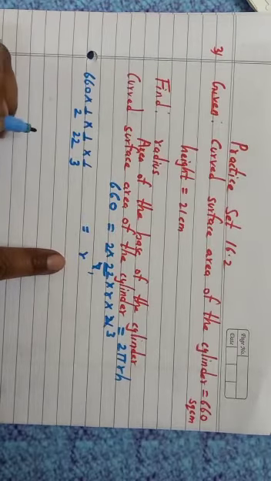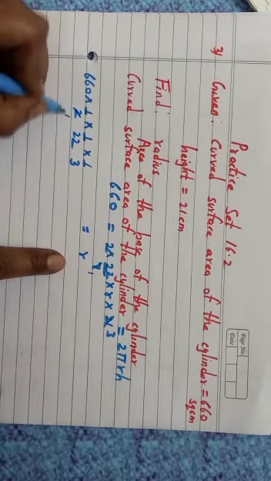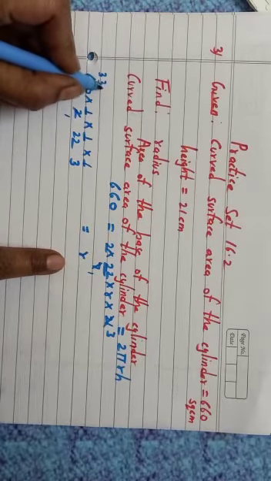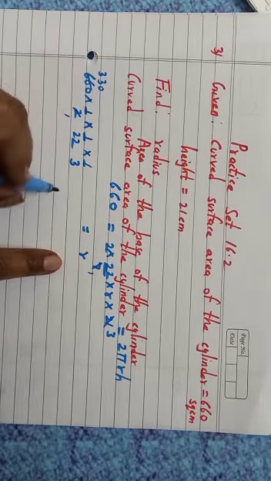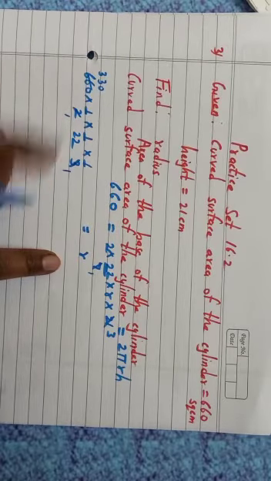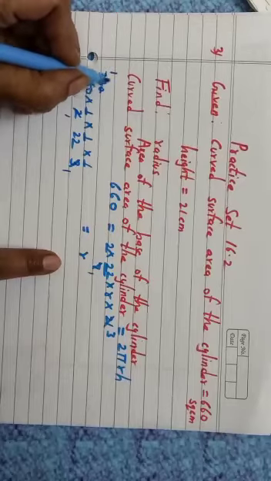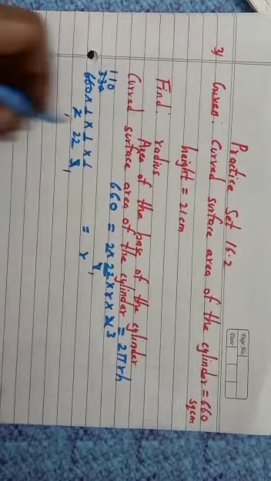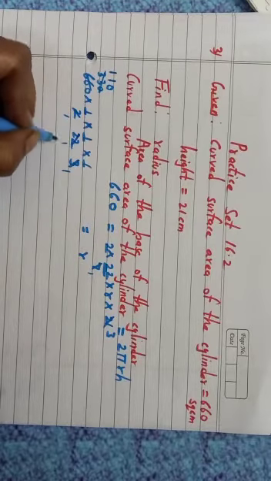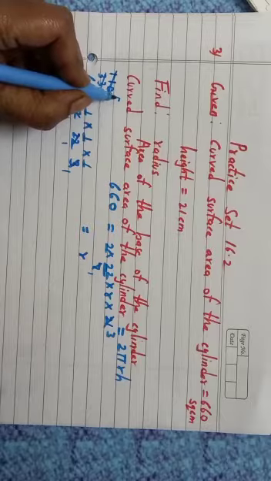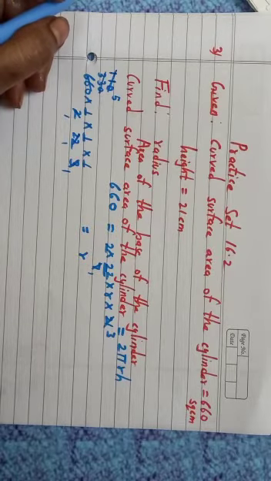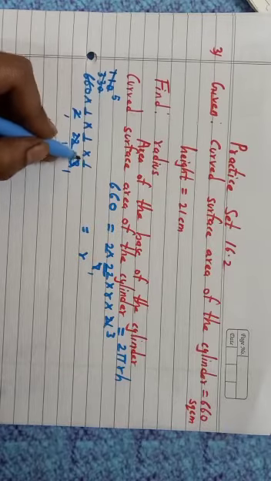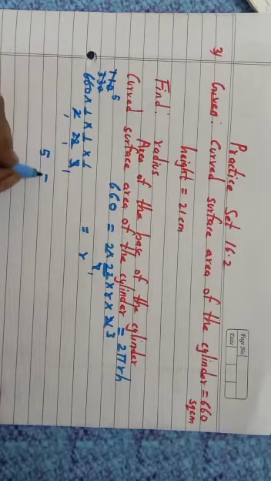Now you have to do the calculations. 2 ones are 2, 2 threes are 6 and 0. 3 ones are 3, 3 ones are 3 and 0. 22 ones are 22 and 22 fives are 110. So it is easy, it will be 5 into 1, that is 5, which is equal to r.